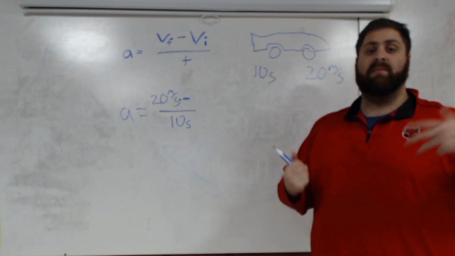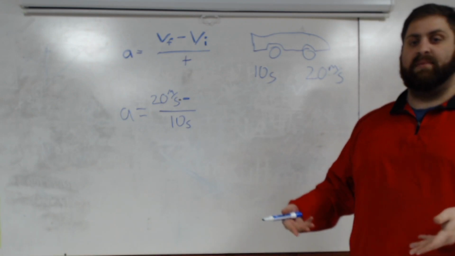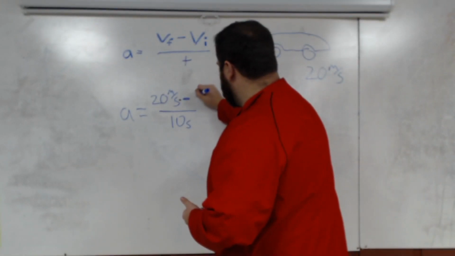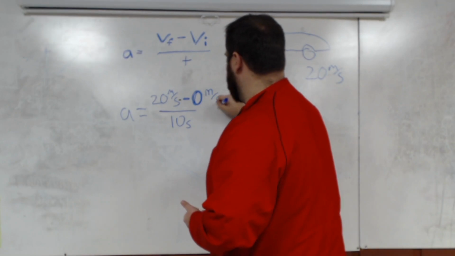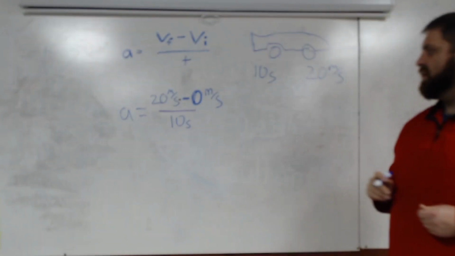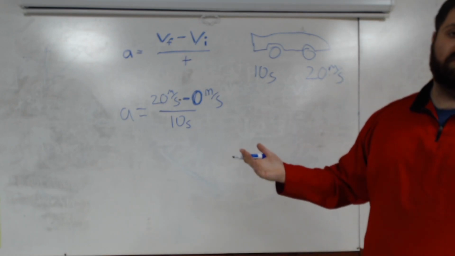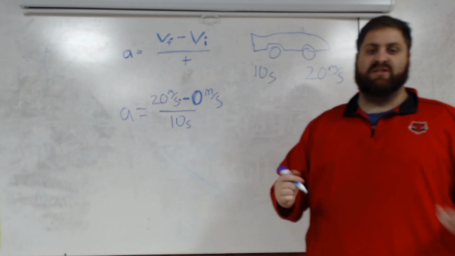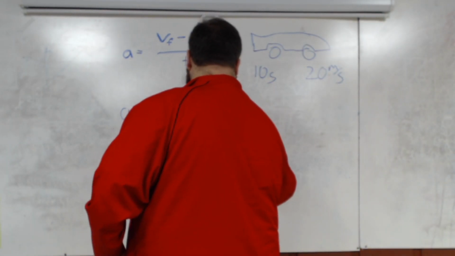Typically when you're talking about a race car speeding up, it started from 0. It was stopped, on the starting line. So our velocity initial is 0 meters per second. Now this is a very easy number. You can plug it into your calculator: 20 minus 0 is 20, divided by 10, that is 2. So acceleration would equal 2.